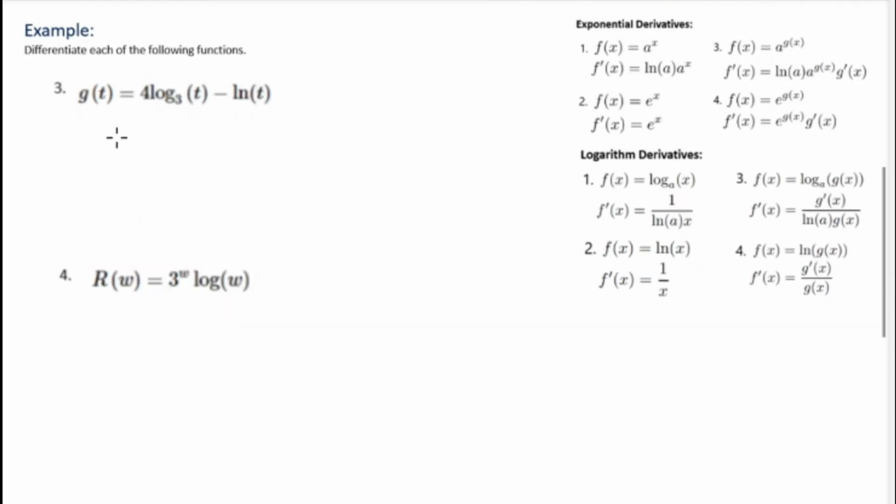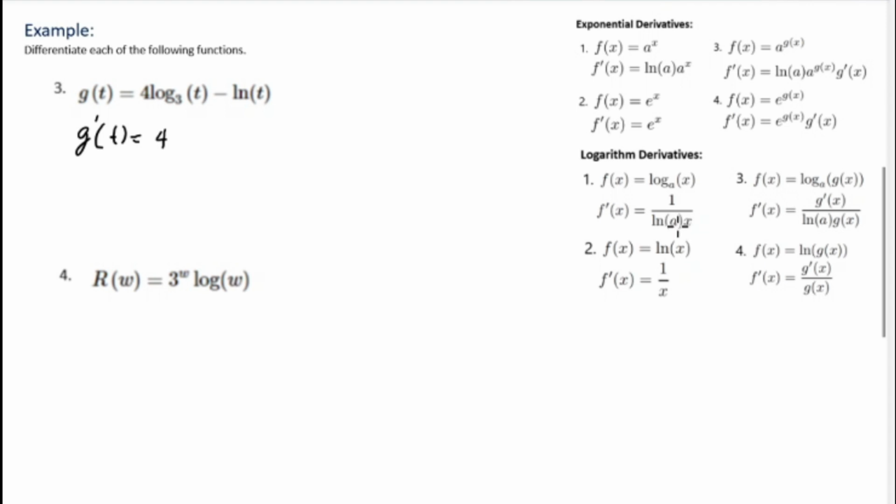Example number 3. g(t) is equal to 4 times log base 3 of t minus ln of t. So we have two terms. So the derivative of g(t), or g'(t), is equal to, copy the constant 4. And what is the derivative of log base 3 of t? Based on the logarithm derivatives, log base a of x has the derivative 1 over ln of a times x.